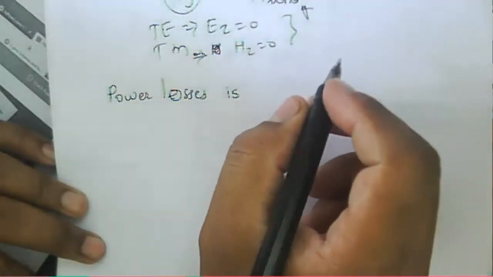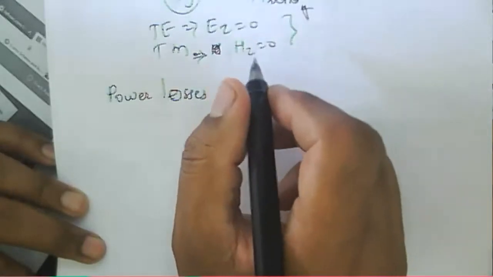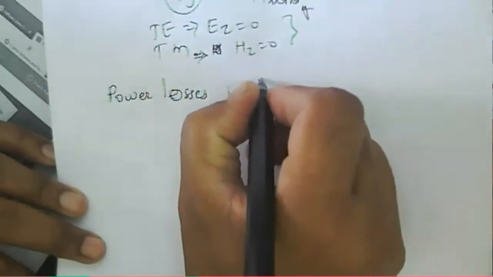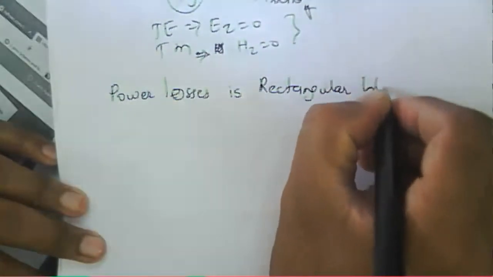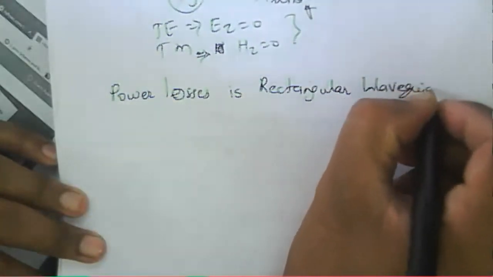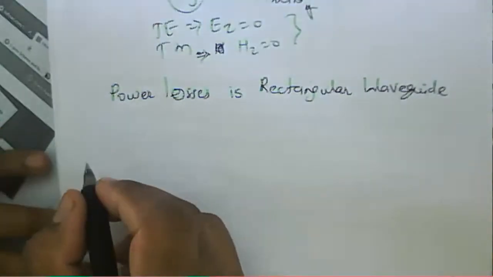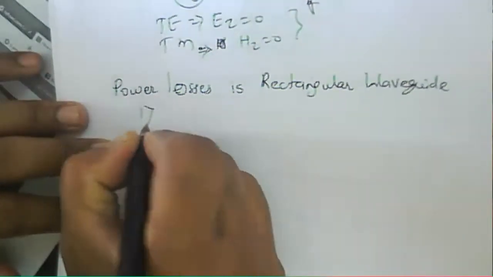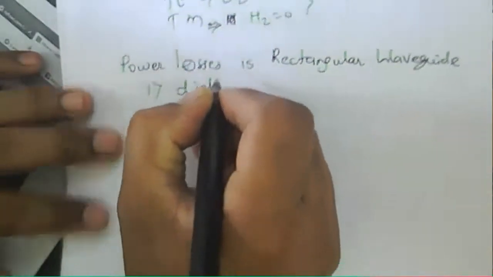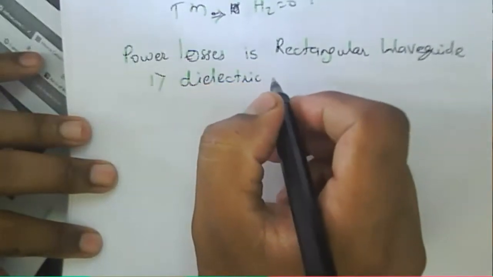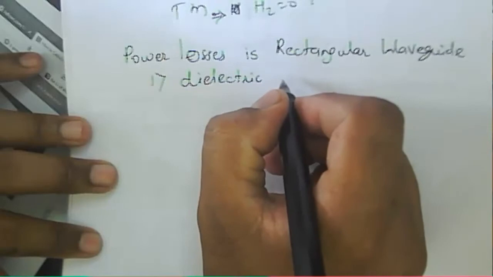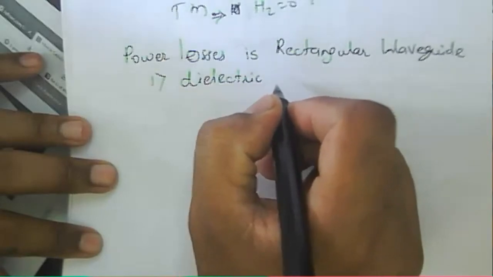But in a practical case, there are losses. Power losses depend upon the dielectric material, so we have dielectric loss, or loss due to the dielectric.